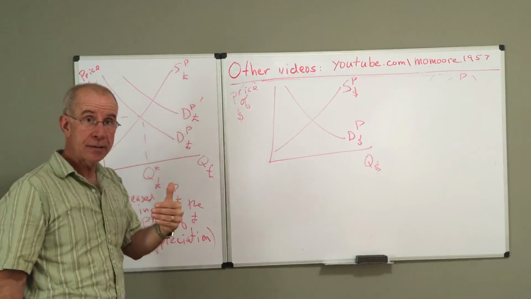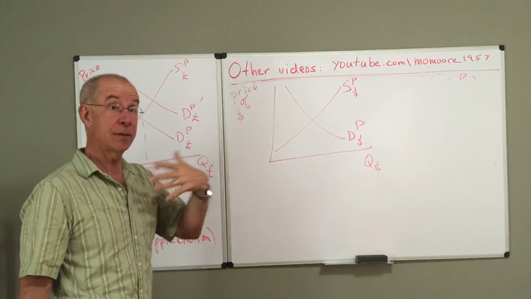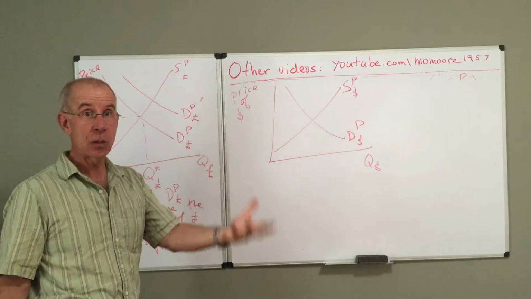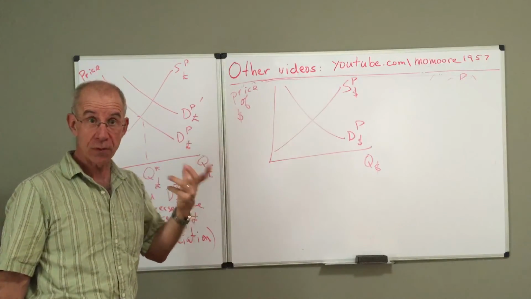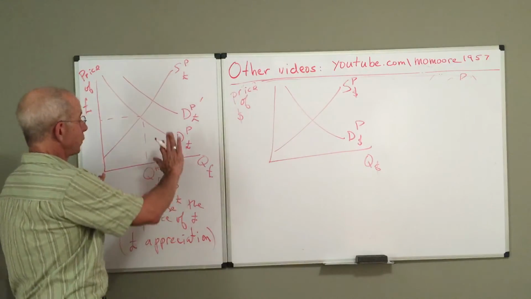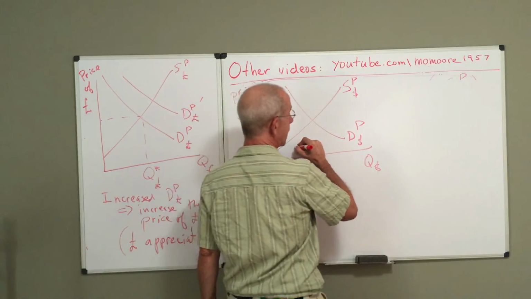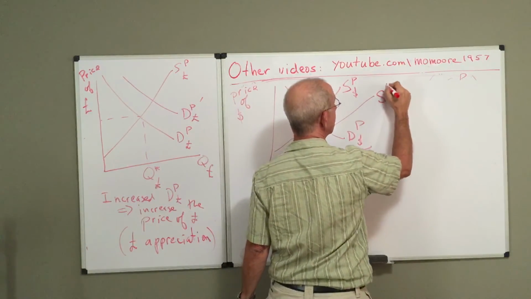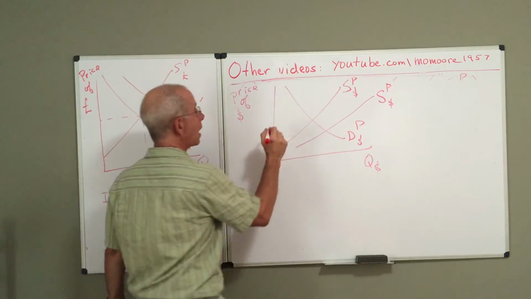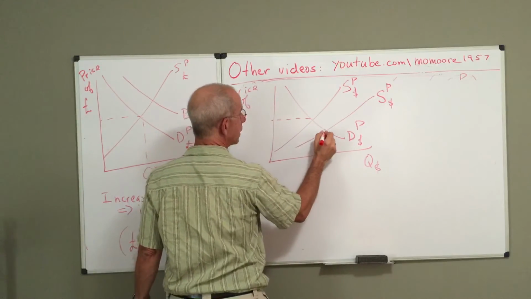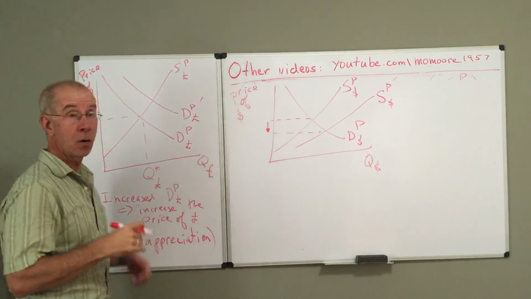That's an increase in the demand for pounds by Americans who want to supply dollars in order to increase their purchases of UK goods, services, or assets. So an increase in the demand for pounds is another way of saying that the supply of dollars has increased. And the price of dollars would fall.